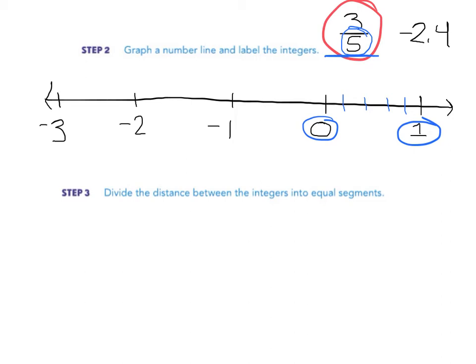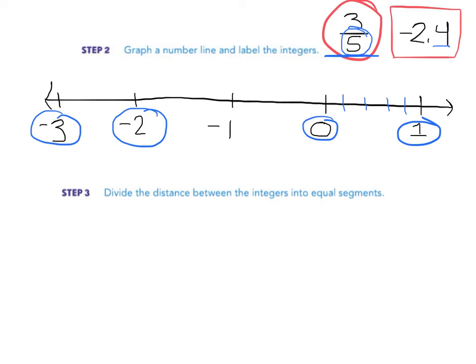Now let's take a look at my negative 2.4. So I figured out earlier that my negative 2.4 was going to fall between a negative 2 and a negative 3. And since this is a decimal, I'm going to break this section up into 10 equal pieces.